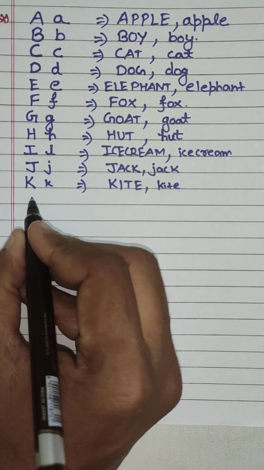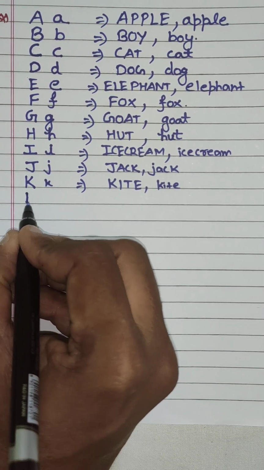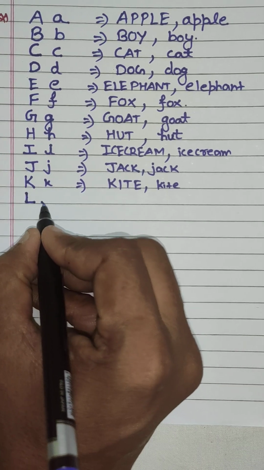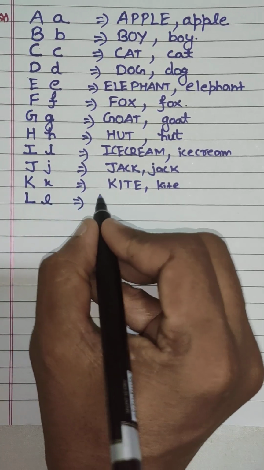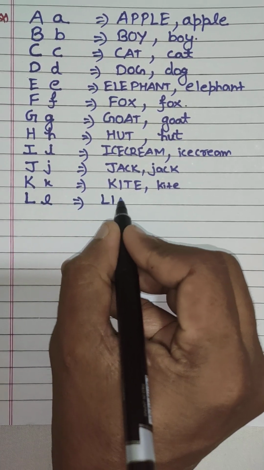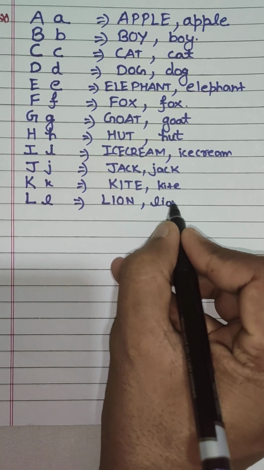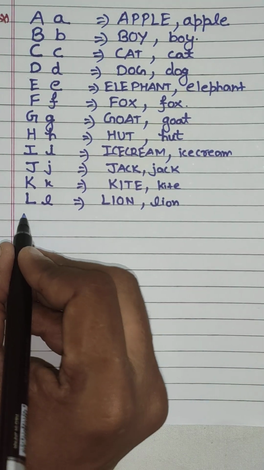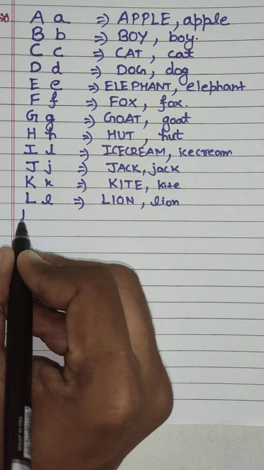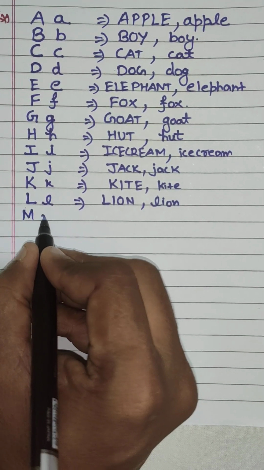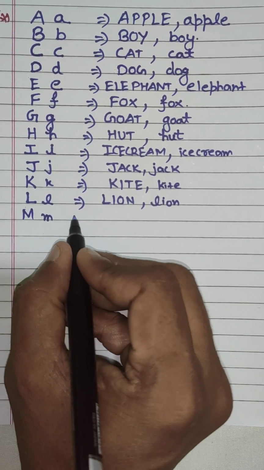Then it will be L in uppercase, and small l in lowercase, and we will write L for lion. Lion. And again we will write M, and small m in lowercase.